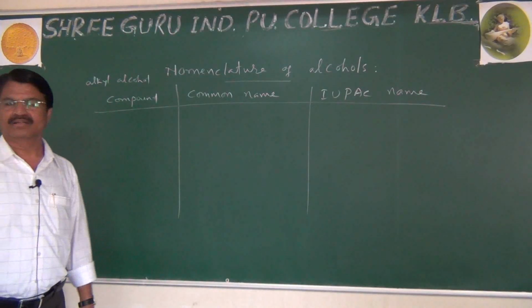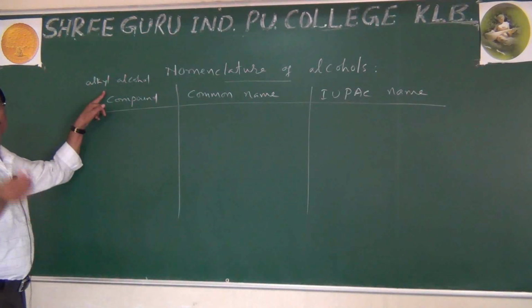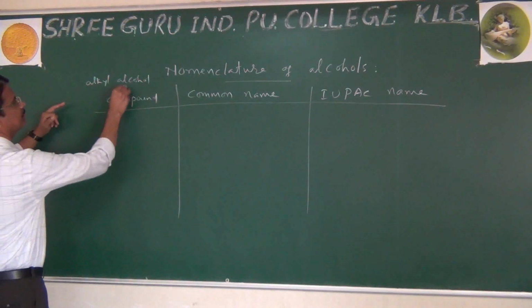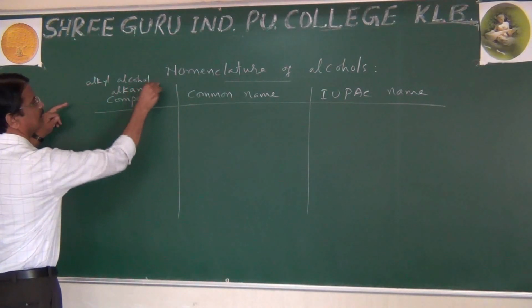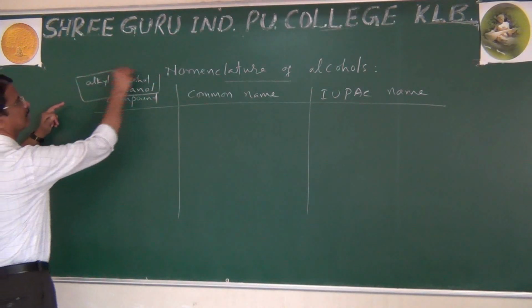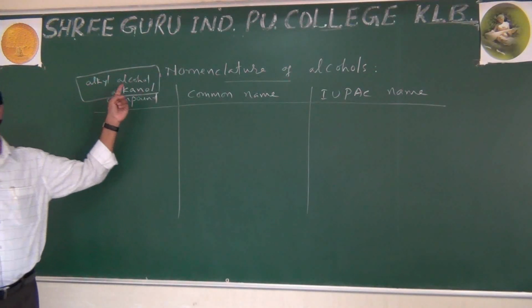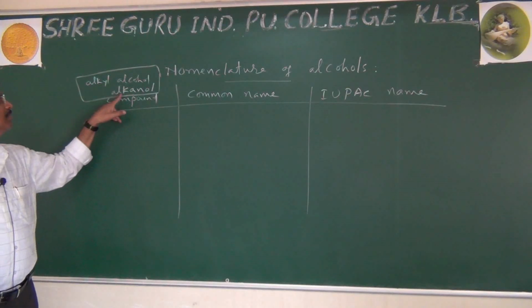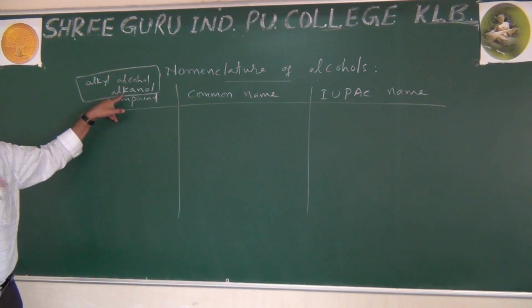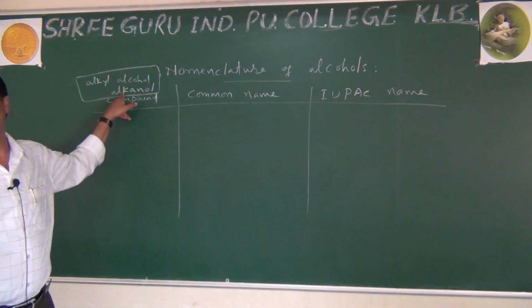In the common system, monohydric alcohols are named as alkyl alcohol, and in the IUPAC system, monohydric alcohols are named as alkanol.